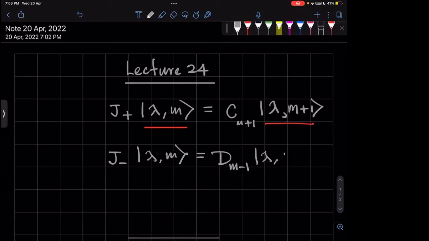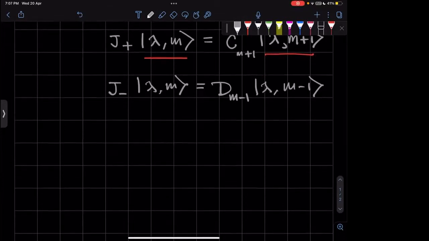And we introduced a different set of proportionality constants that we label D. In principle, it was different from C. But we found, by doing a bit of clever manipulation, by taking the inner product of these equations, that they are actually not different, that they are related by complex conjugation in this fashion. So we only have to deal with one set of these operators.